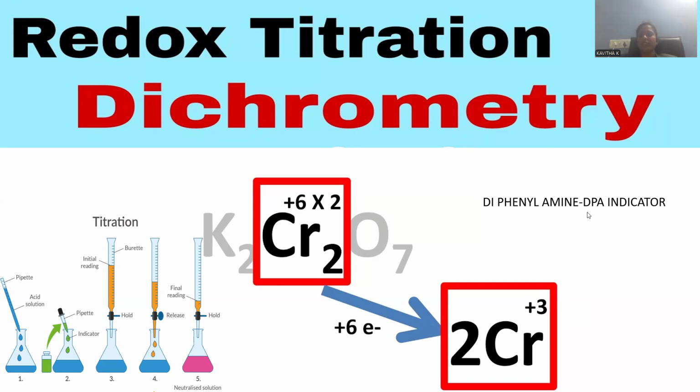In this, the generally used indicator is a chemical which is used to trace out the completion of the reaction by changing its own color. DPA is the common indicator provided for dichrometric titrations. DPA is abbreviated as the diphenylamine indicator.